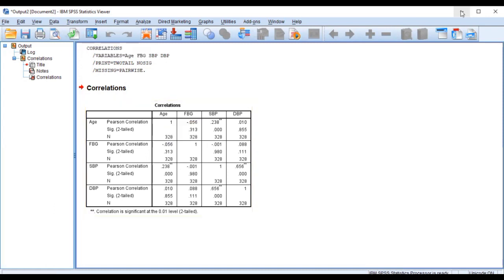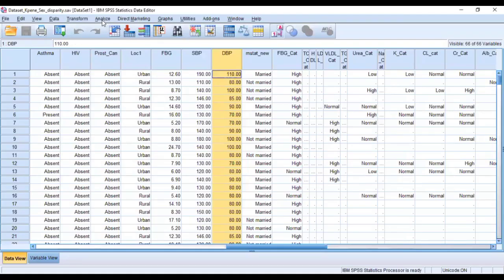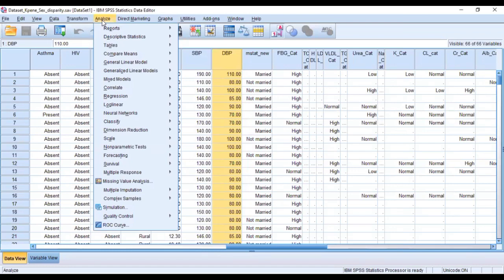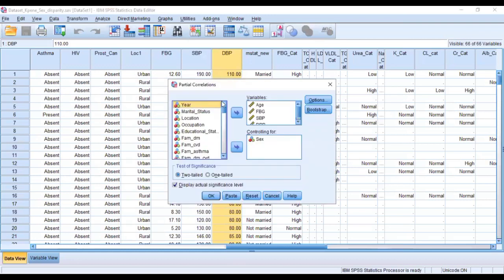So we can equally do same for the partial correlation, where we are controlling for some other variables. So we'll go back to our data set, and then we'll click on the analyze, and then we'll go for the partial, and then here we are controlling for sex. So you put the control, so assuming that they are not here initially, they're over here.